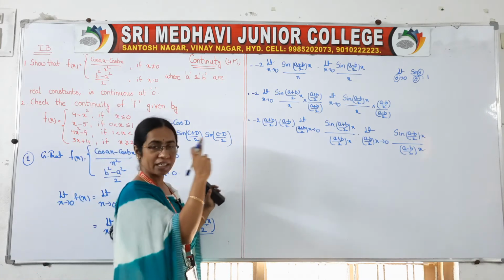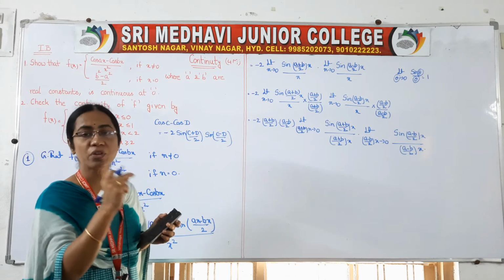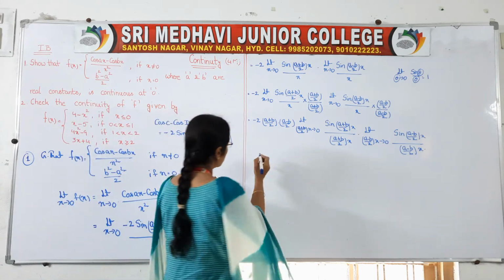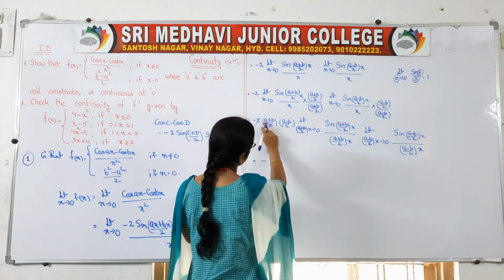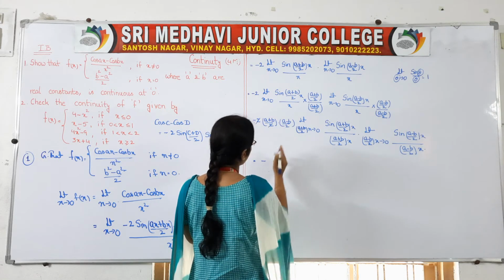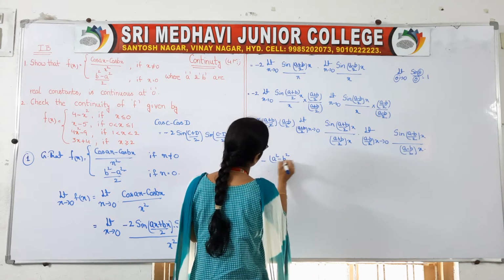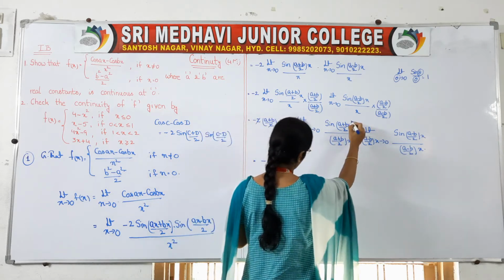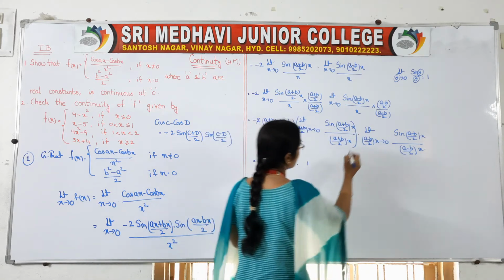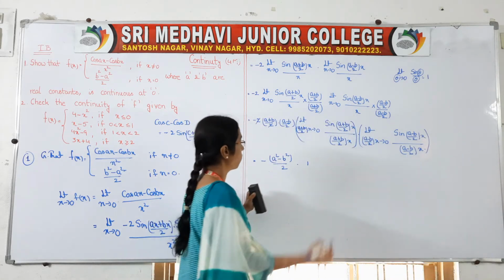So again it is the general formula form. Instead of theta we can have any value. So it is equal to, here 2 cancels, minus a plus b into a minus b, that is a square minus b square by 2, into this value which is 1 and this value which is 1.